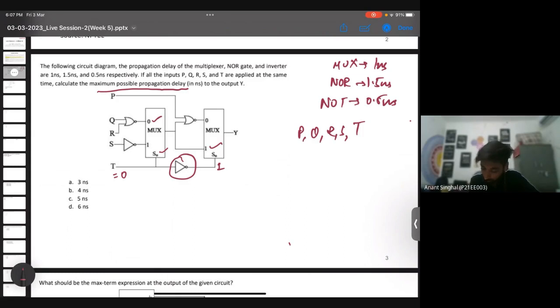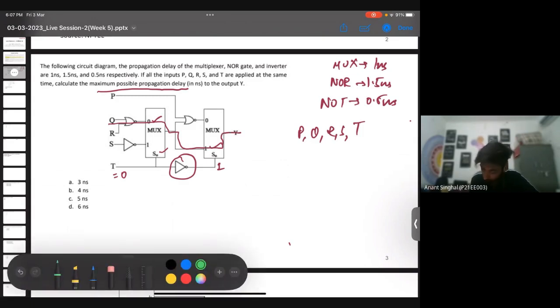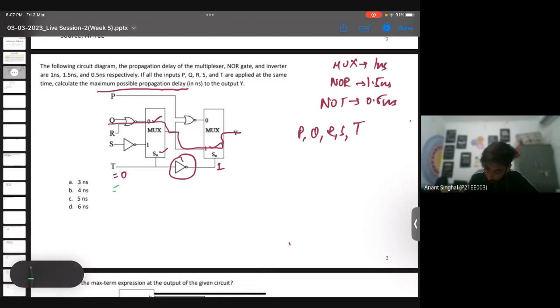So the circuit will work something like this, and then this, and we'll get the output. For the opposite case, if T equals 1, then this node will be 0. So now since this is 1, this one will work, then from this mux it will go towards this NOT gate, since now S0 is 0, and the ultimate output we will receive like this.